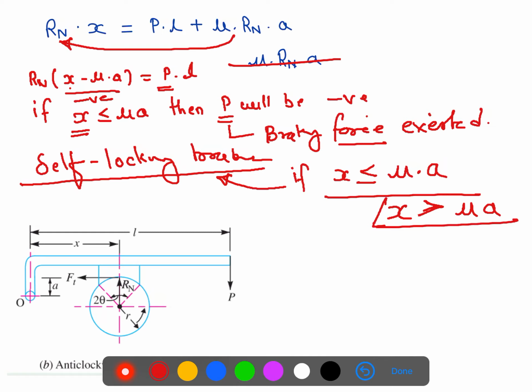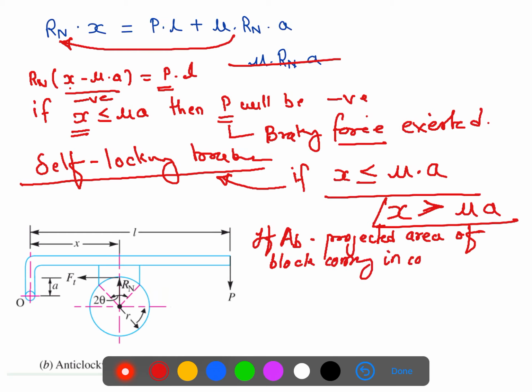Then we will consider if AB is the projected area of block coming in contact with wheel, right?